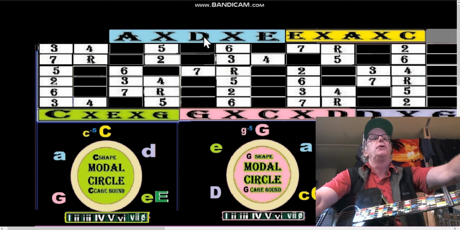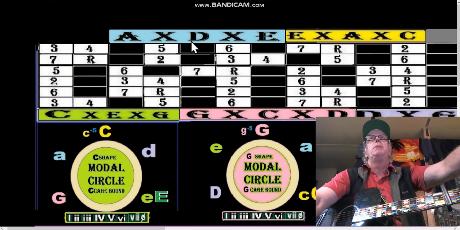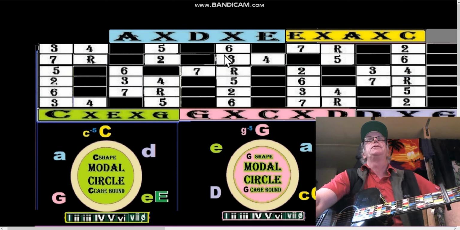Just the 3rd is the D minor shaped E minor right there, 7, 3, 5. So in the key of C, that would be B, E, and G, which is a second inversion E minor, and then we redo the D.